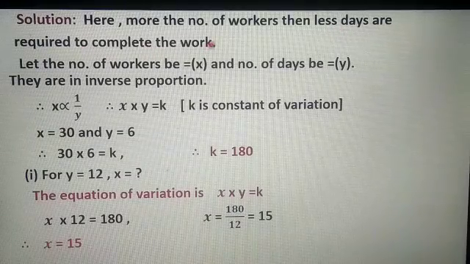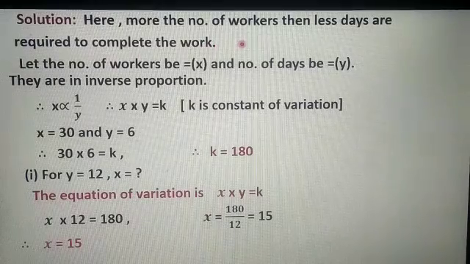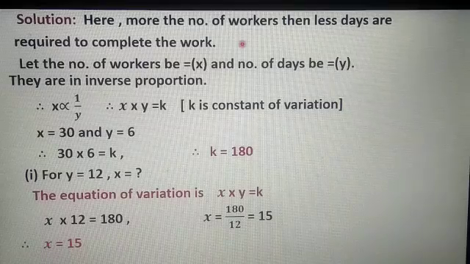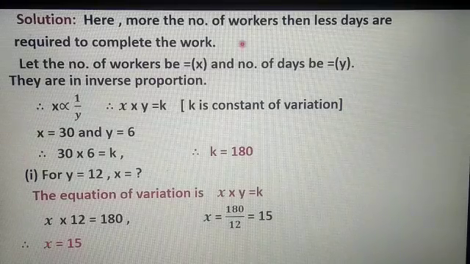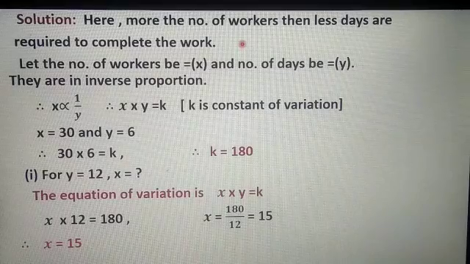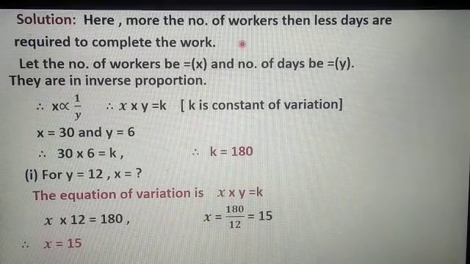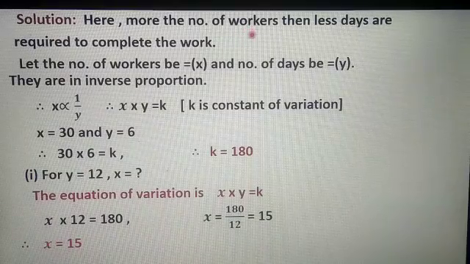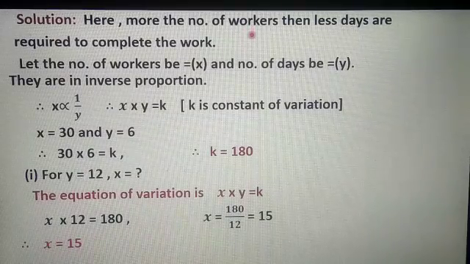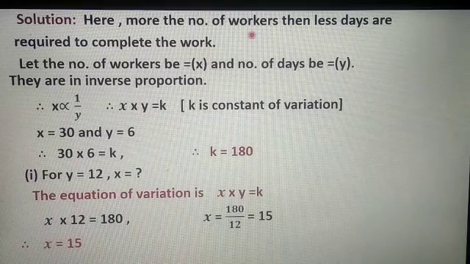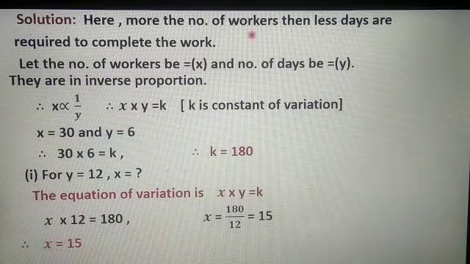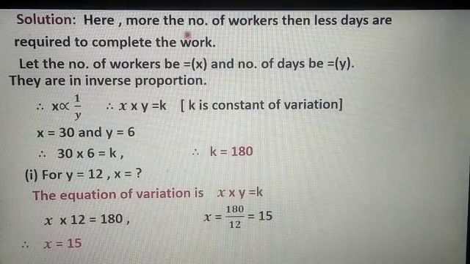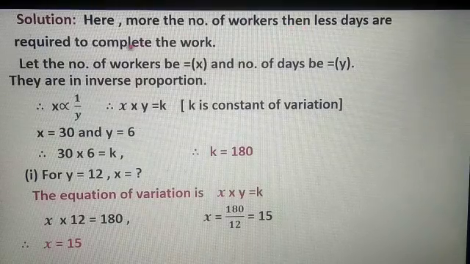It is usually seen that if any teacher gives you a project work and the number of students is more, you will need less time. If you get a project and you have 10 friends in your group, fewer days will be required to complete the project. The same example is here. More number of workers, then fewer days are required to complete the work.